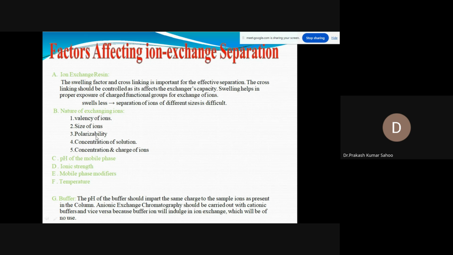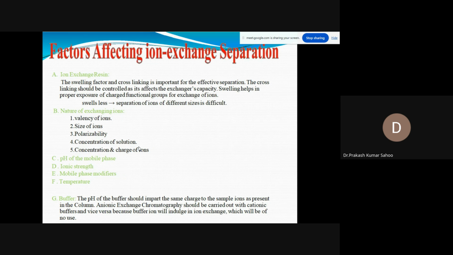Where there is no polarity, we have the polarizability factor, whereby we can induce polarity in a non-polar molecule using the London force, Keesom force, Van der Waals forces, etc. Then the concentration of the solution. So whether the concentration is very high or low, it also makes your separation very fast or delayed.